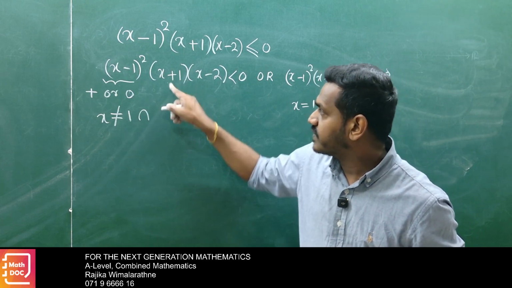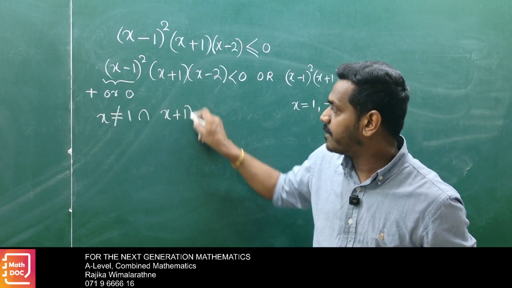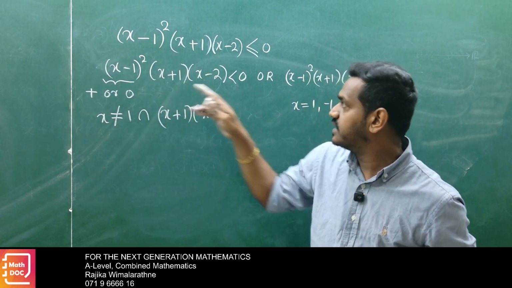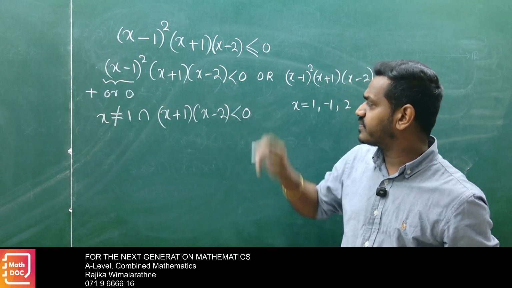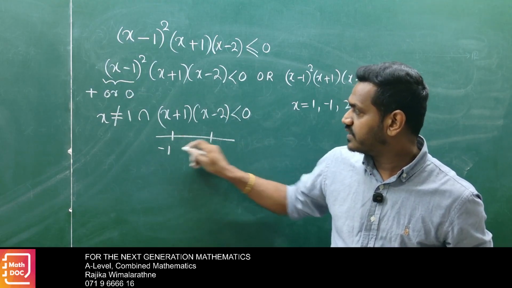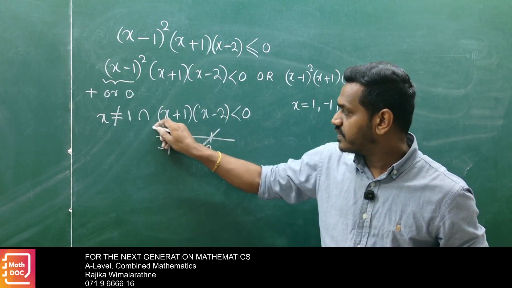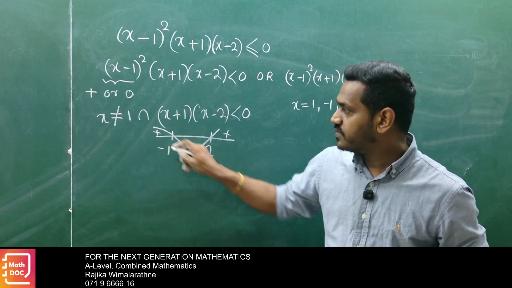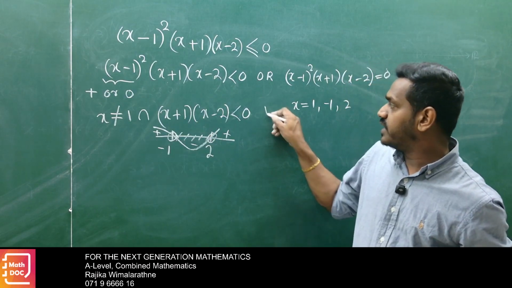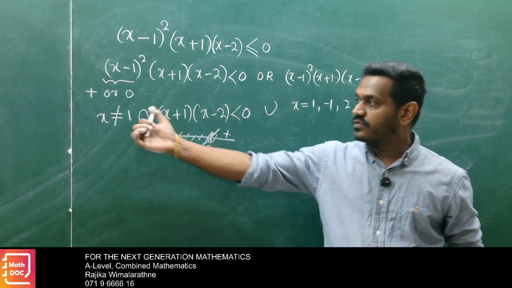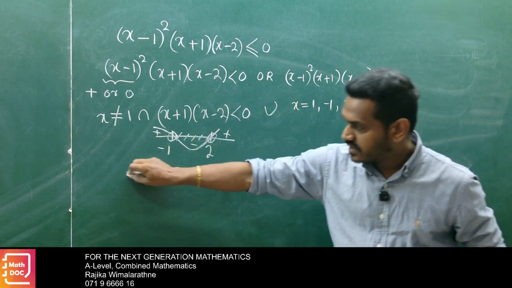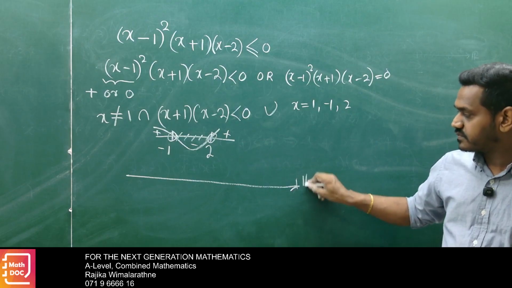And here (x plus 1)(x minus 2): this is positive, so we can forget it, less than 0. Then we can evaluate at minus 1 and 2. Then positive, positive, negative. Here is the negative region. "Or" means union. Now we have to take all together.